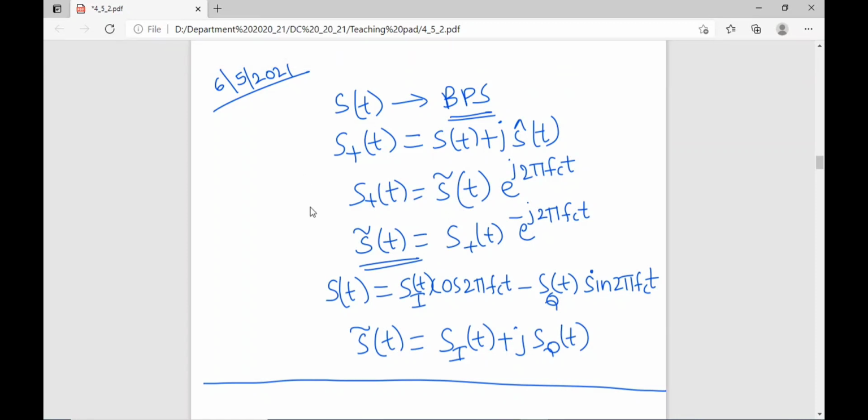Why we are using the complex envelope, I've already explained. The signal will be surrounded with Fc, so that the carrier frequency should not be there in order to analyze the signal properly. So in order to do that, we are taking the complex envelope.